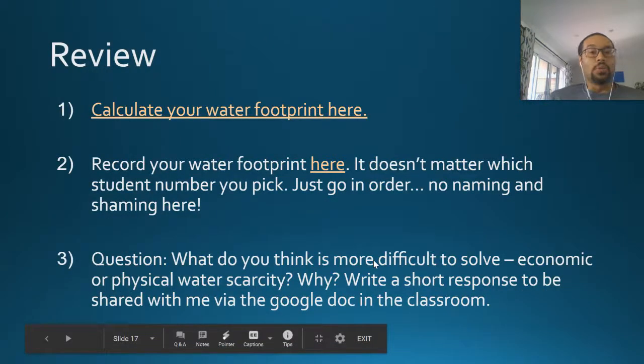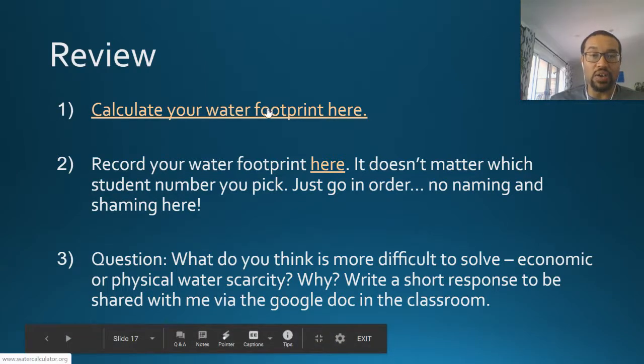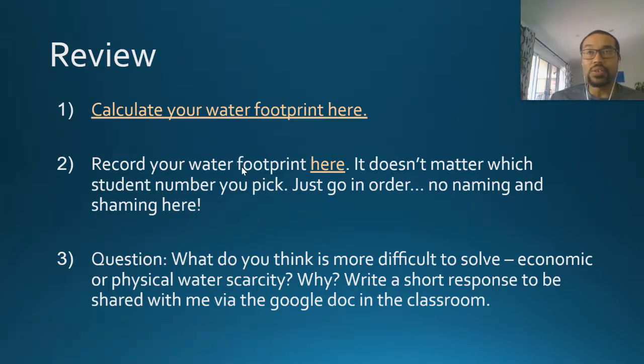Okay, so here's what I'd like you to do now. First off, I've got a footprint calculator here that you can click on, and it'll ask you a series of questions. I think it might be an American-based calculator. So if they ask where you live and they don't give Canada as an option, just pick a bordering state, like Ohio or Michigan or even New York, a place that has lots of access to clean water, similar to what we have.